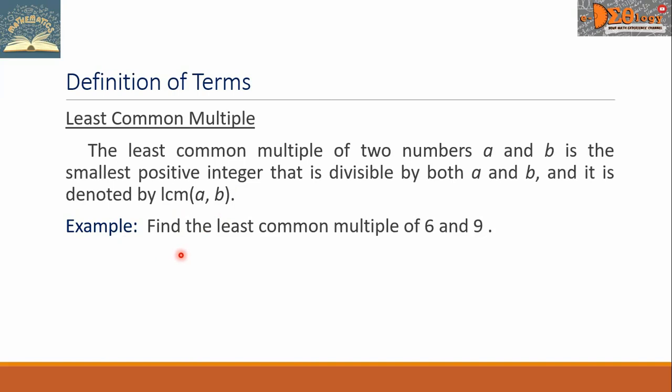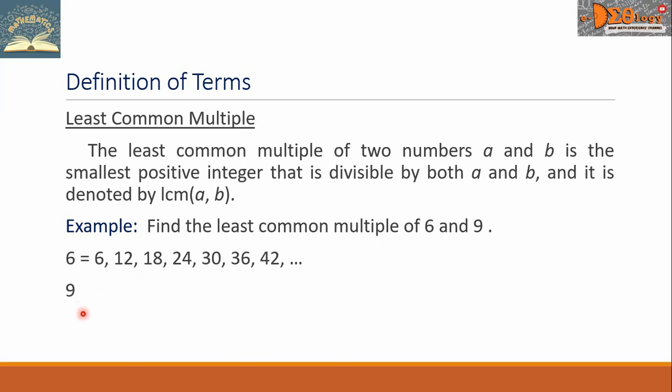Example, find the least common multiple of 6 and 9. Let us write now the multiples of 6 and 9 respectively, starting with 6, and these are 6, 12, 18, 24, 30, 36, 42, and so on.